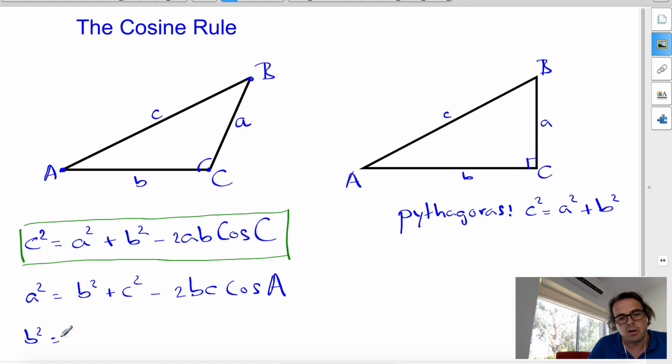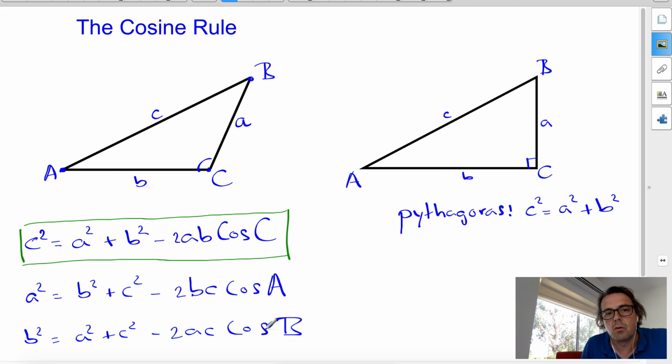Or b squared is a squared plus c squared, take 2ac cosine B. All the same, all the cosine rule.